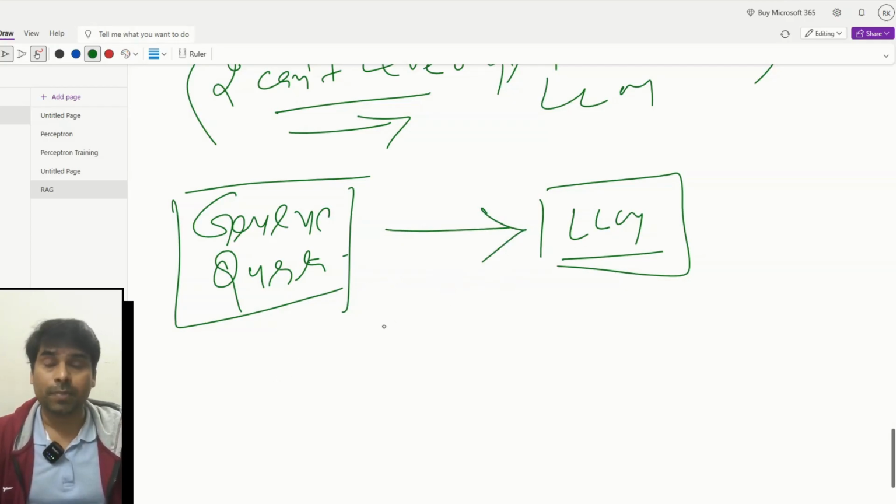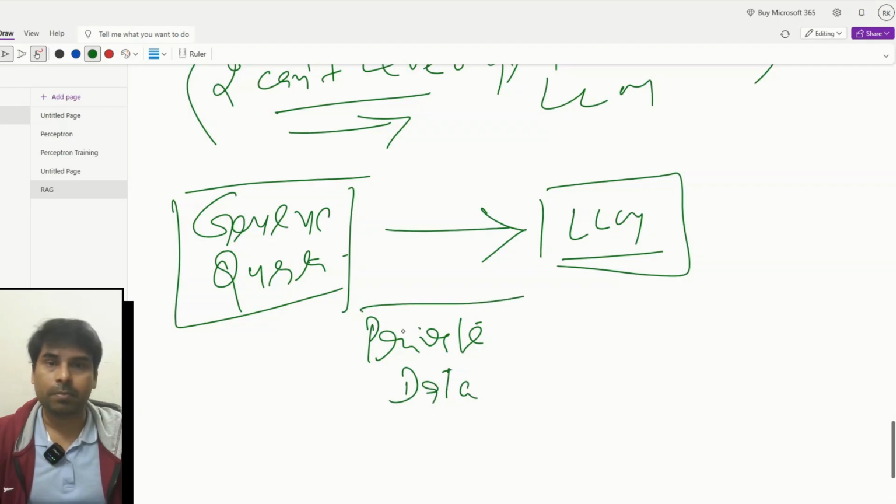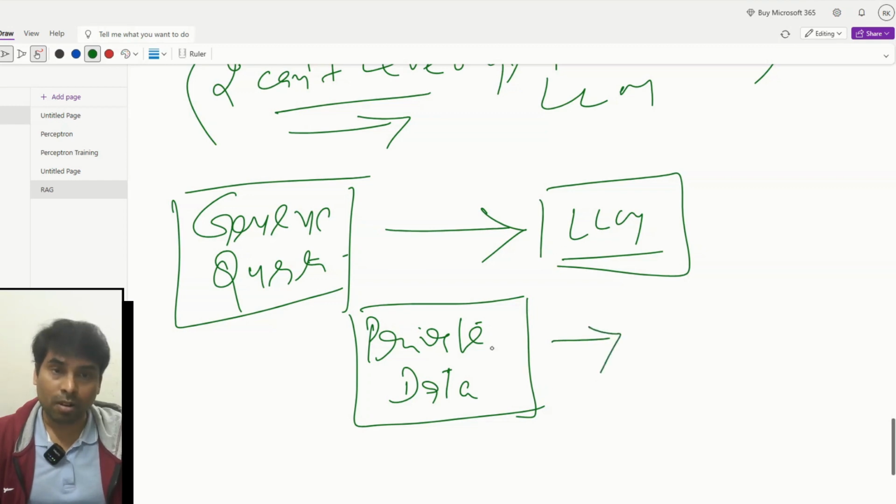But as soon as you send private data, which is not available publicly, it starts to struggle. It has a good capability to interpret data and find patterns, but because of lack of context and lack of data, it will not generate the right response. So we are losing the power of the LLM, though the LLM is capable.